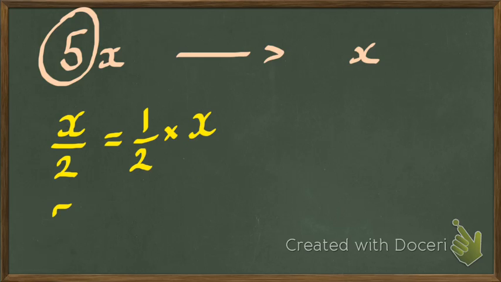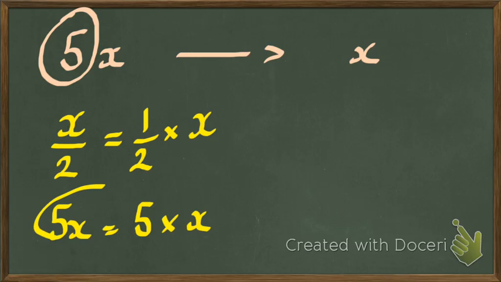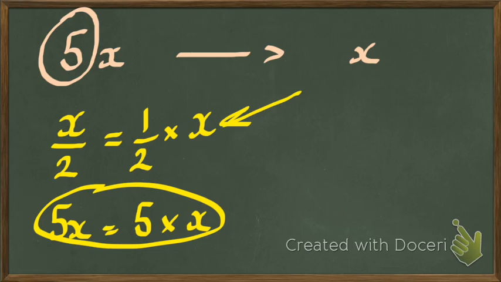If I compare that to 5x, that's the same as 5 times x. And when we differentiated that, we just shoved the 5 out the front of the differential. That is exactly the same as what we do with this baby.